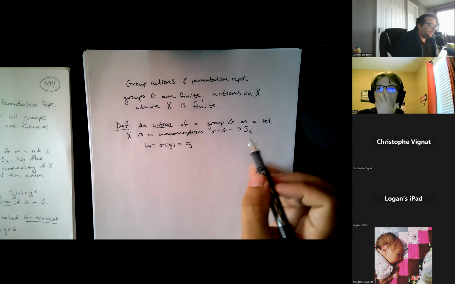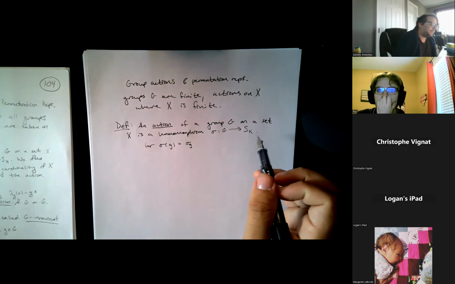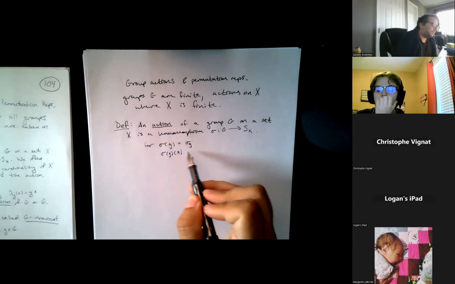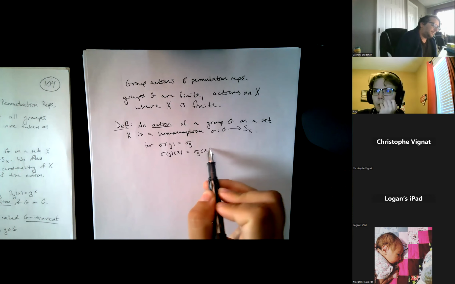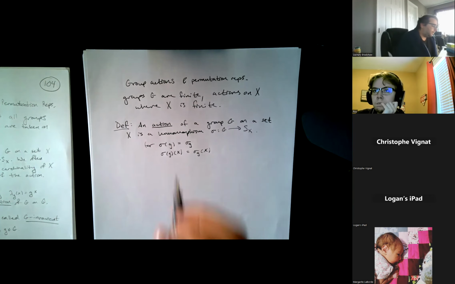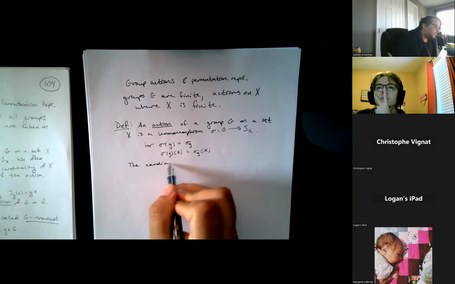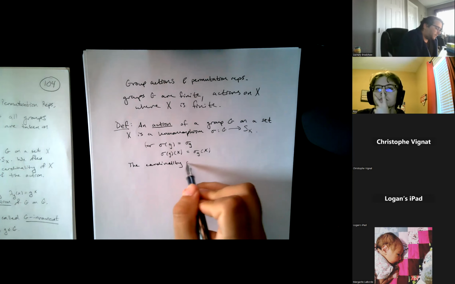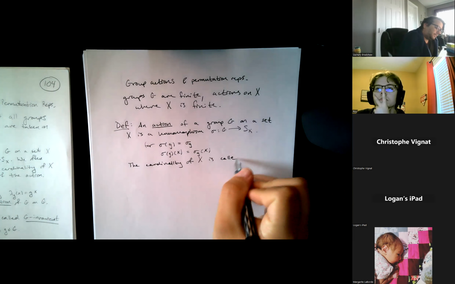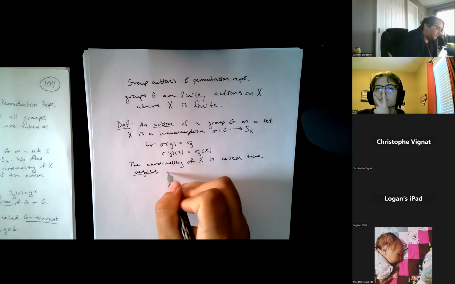Why do we want to do this? Because, well, this bijection acts on the set X, right? So if I give this thing an X to avoid writing multiple parentheses like this, I can just write like this. Okay, so the cardinality of X is called the degree of the action.